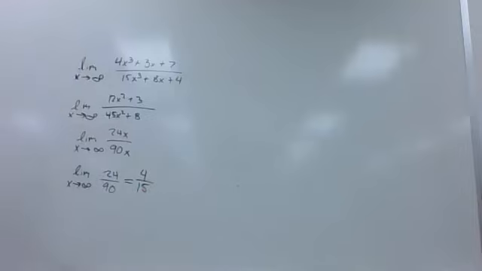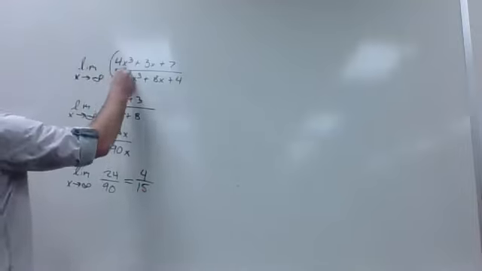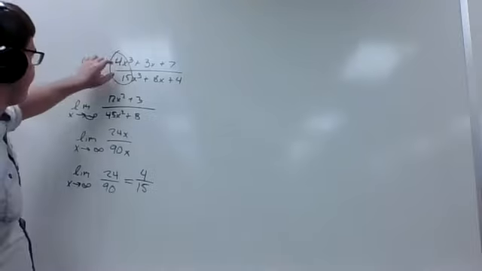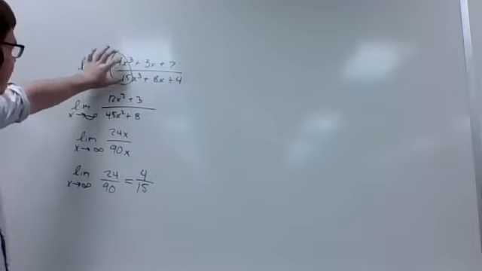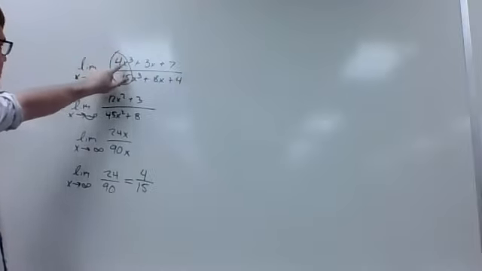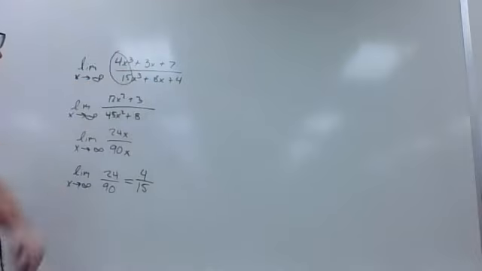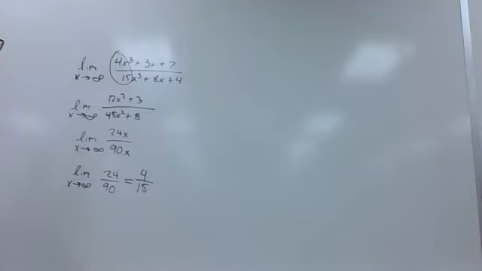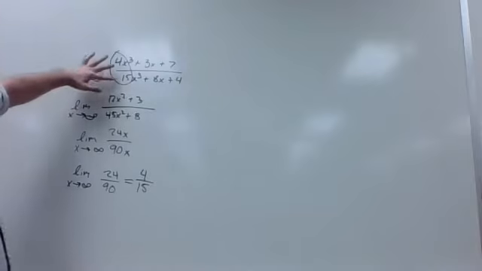So in this particular problem, it's just going to be the ratio of the coefficients. On limits like this, where the highest power of x on the top and the bottom is the same, it's just going to be the ratio. But that's not the case in every problem.